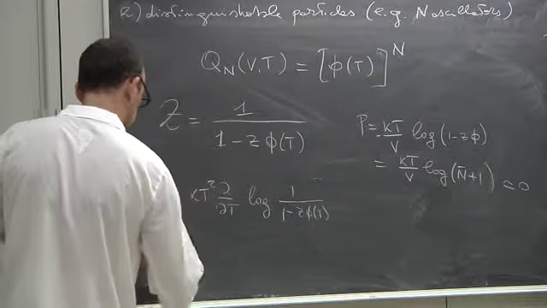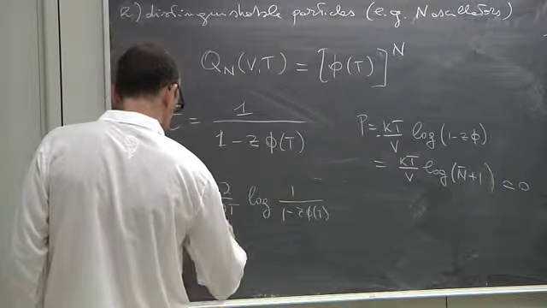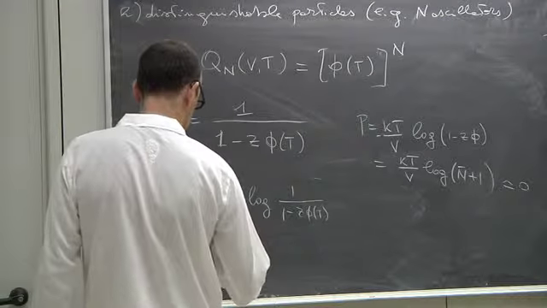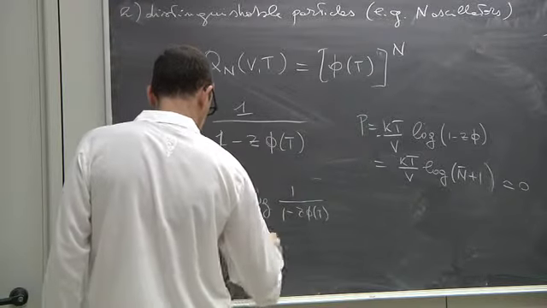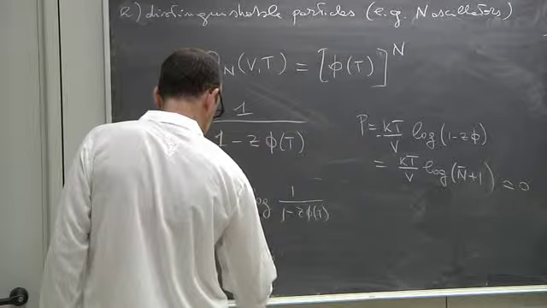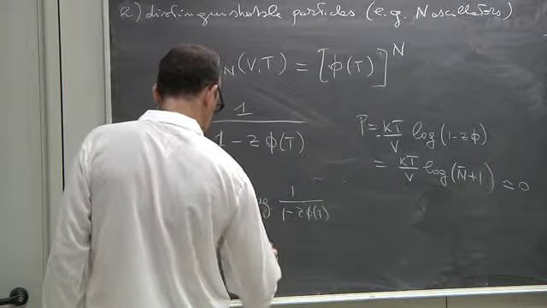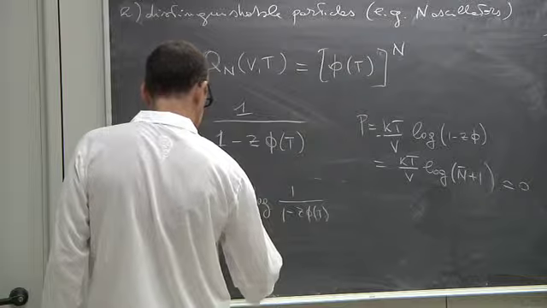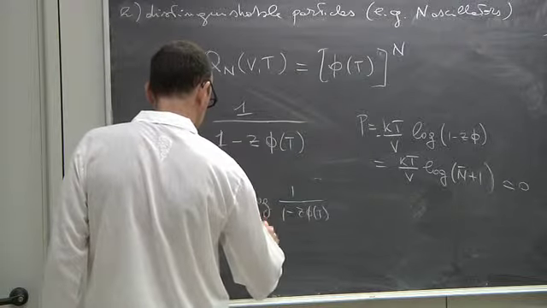So when you take this derivative, this is kT squared, and there is 1 minus z phi of t times z times phi prime of t.